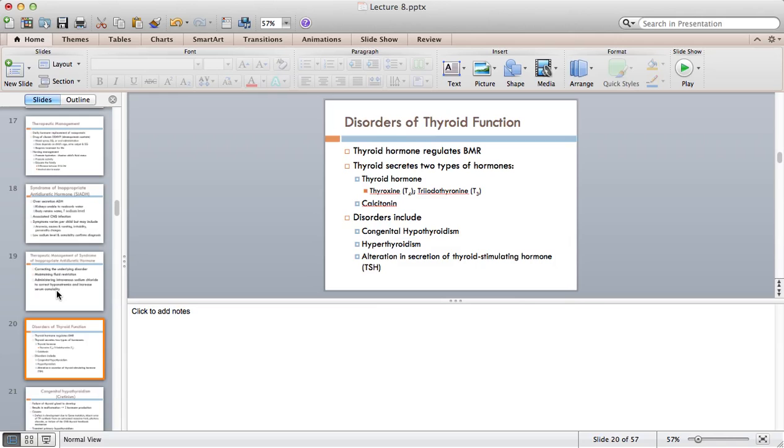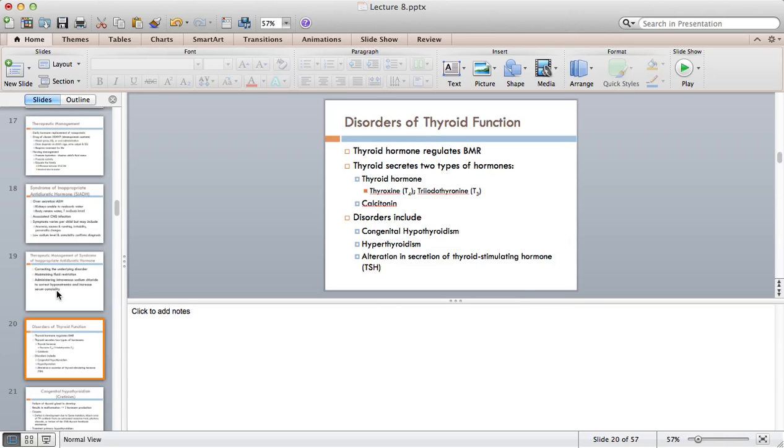The thyroid hormone is of two types, thyroxine, the T4, and triiodothyronine, the T3. When you look at the lab, they are looking at T3 and T4. The thyroid gland also has calcitonin, which regulates the calcium for storage in the body.